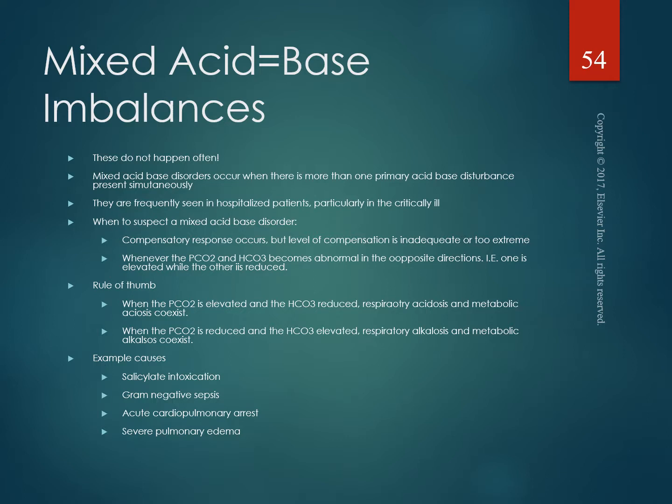A rule of thumb: when the PCO2 is elevated and the HCO3 is reduced, respiratory acidosis and metabolic acidosis coexist. When the PCO2 is reduced and the HCO3 elevated, respiratory alkalosis and metabolic alkalosis coexist.